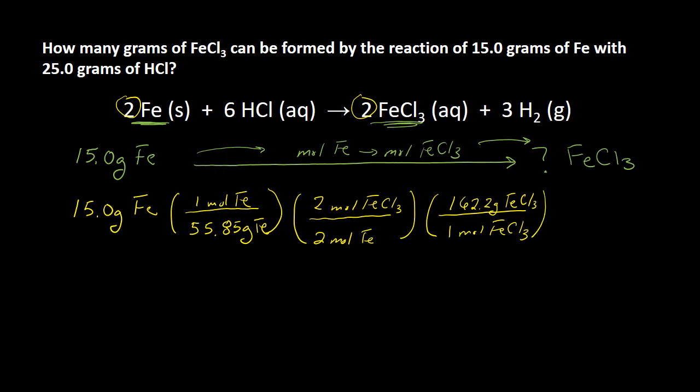And we'll check to make sure that all of our units cancel. Grams of iron cancel. Moles of iron cancels. Moles of iron chloride cancels. And we're left with 43.563 grams of iron chloride. Okay.